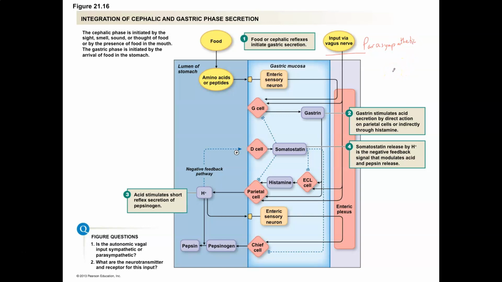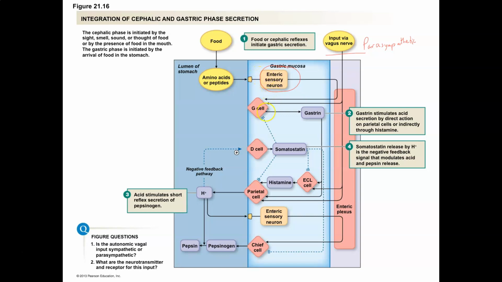So we have input from the vagus nerve, and then of course we also have food that enters into the stomach, and these are triggers for the enteric pathway, the brain of the digestive system. These are triggers for the digestive system to start releasing the chemical signals that are going to help us make stomach acid.